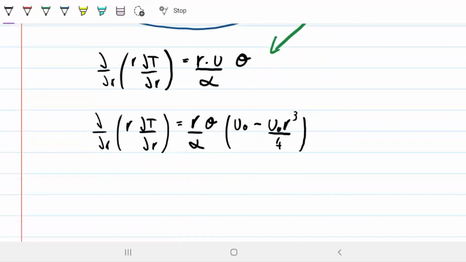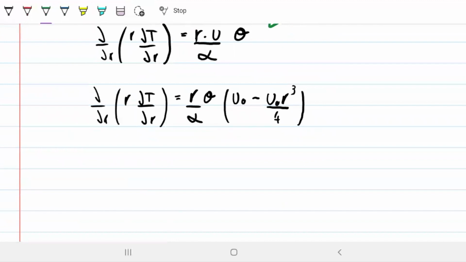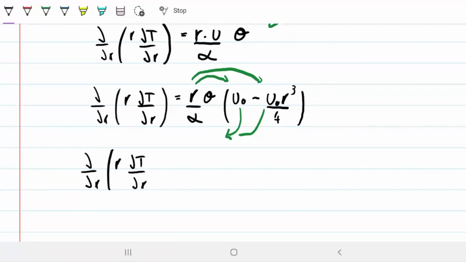Brilliant. Now what I'll do is remove, I know I've put that before, but I just did it in small steps. So I remove my u naught from inside this parenthesis, and I will multiply my radius. r dt dr equals theta divided by diffusivity, u naught, so this guy came out of the parenthesis, and inside my parenthesis now I have r minus r cubed divided by 4.